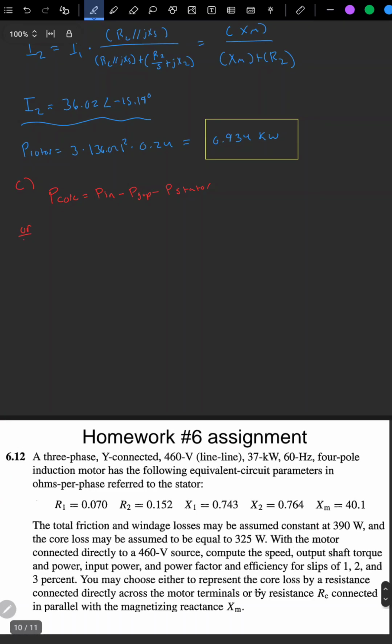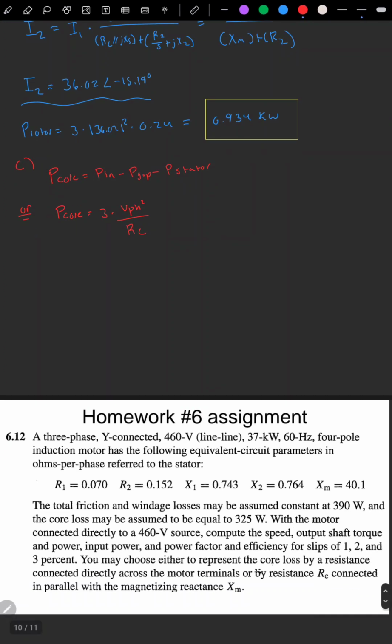Or P core could equal 3 multiplied by V phase squared over RC. So this is another one of, choose whatever you feel is best. Here we're using the powers that we found earlier, our P in, our P gap, and our P stator. In this equation, it's simplified and we're using RC directly, which is in the core.